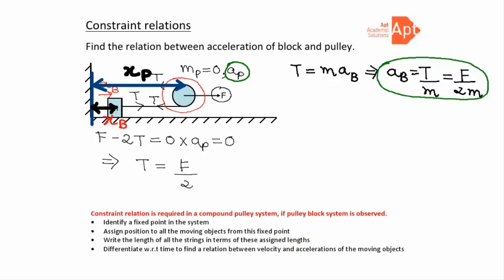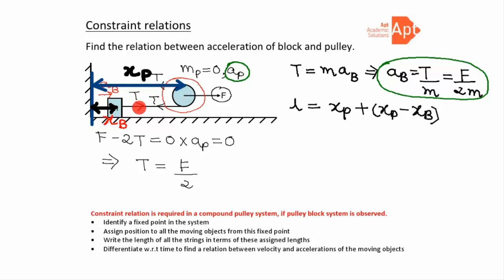Now write the length of all the strings in terms of these assigned lengths. We have only one string. Let's take its length as L. So L is equal to XP plus (XP minus XB), because the length of the string is XP plus XP minus XB.